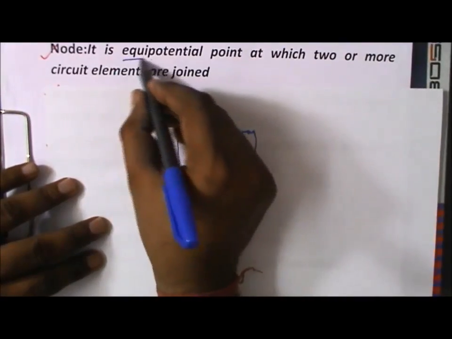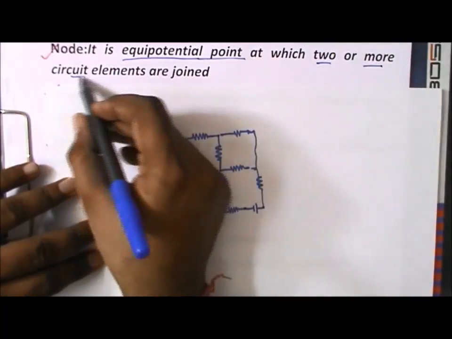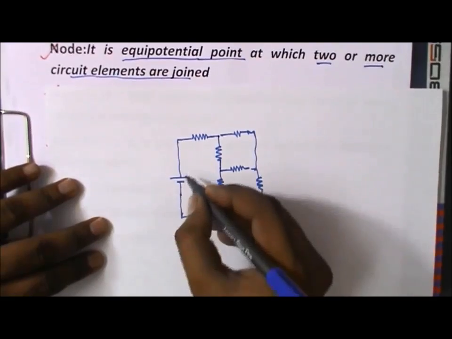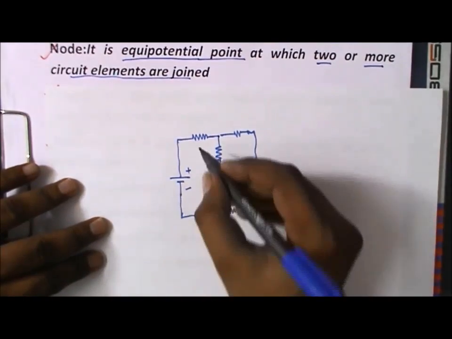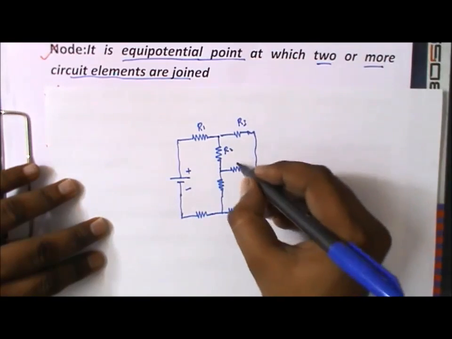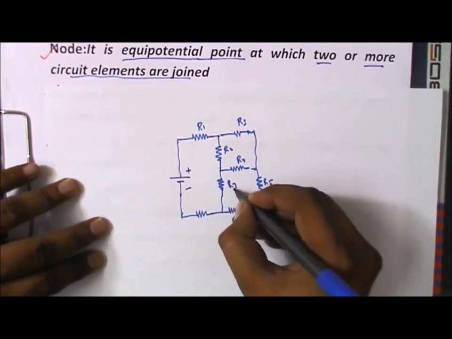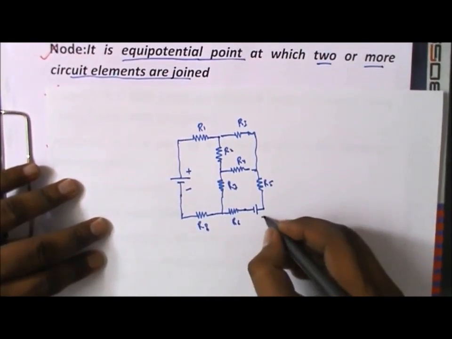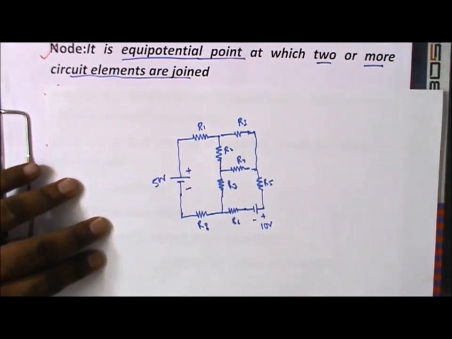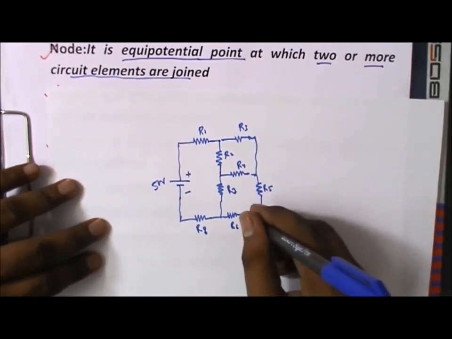It is the equipotential point at which two or more circuit elements are joined. Here a circuit is shown with resistances R1, R2, R3, R4, R5, R6, R7 and R8, and plus minus voltage sources, let us suppose 10 volt and 50 volt. What are the nodes in this circuit?